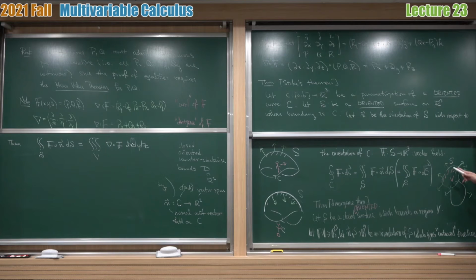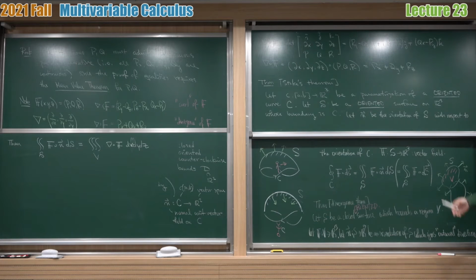If I take the inward direction as the outward direction which S is bounding, then V is no longer the inside of the surface. V is the outside of S, which is the infinite volume outside S. Then I can use the inward direction.